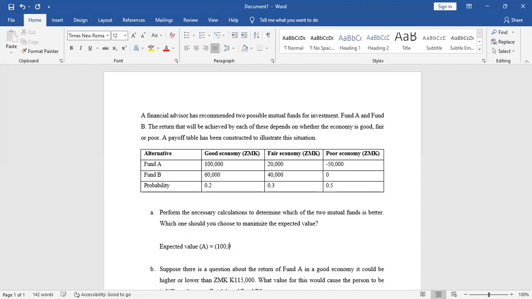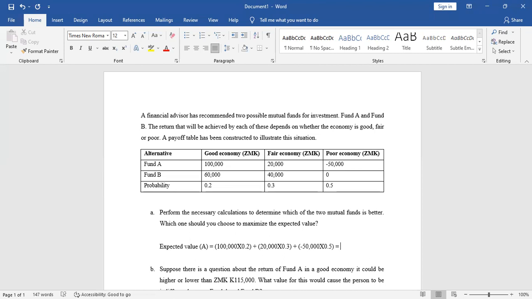So I'll have 100,000 multiplied by the probability of 0.2, plus 20,000 multiplied by 0.3, plus negative 50,000 multiplied by 0.5.